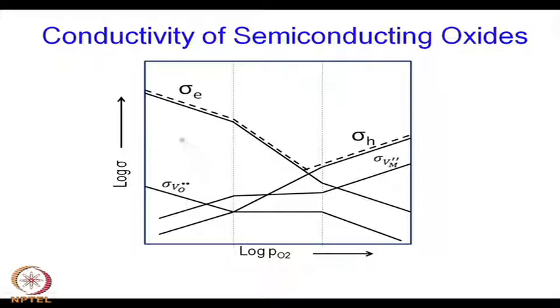What will reflect in the ultimate property is the highest concentration, that is the electron concentration on the lower PO2 side, and hole concentration on the higher PO2 side. They will dominate the conducting behavior. These are only for the sake of our understanding.